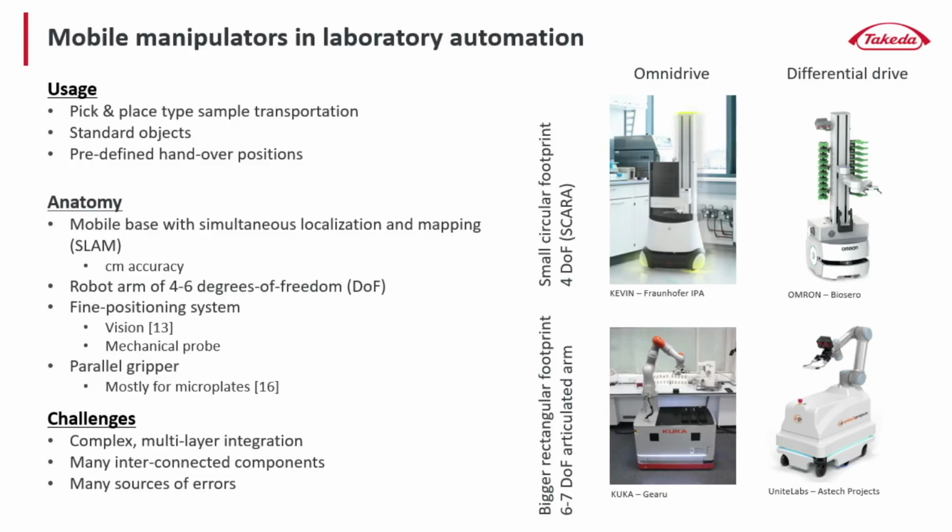They have a mobile base capable of simultaneous localization and mapping down to the centimeter accuracy. They have robot arms from 4 to 6 degrees of freedom, and to counter the inaccuracy of the base, they need an additional means of positioning, either with vision or with a mechanical touching probe.